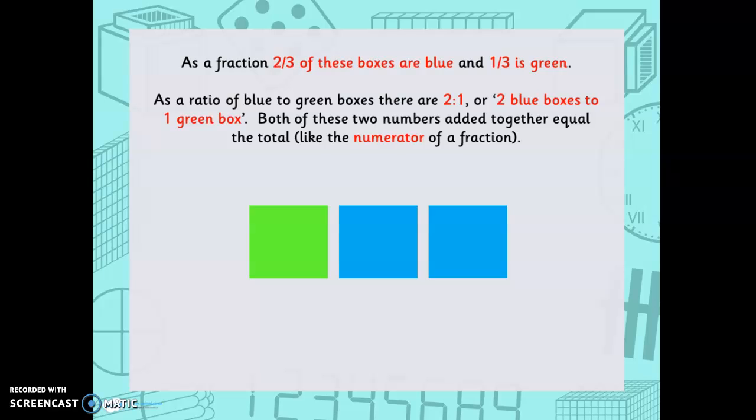Both these 2 numbers added together equal the total. It's more about how many there are in total. So there are 3 boxes in total, and out of them 2 are blue and 1 is green. We can add the 2 and the 1 together to find that total.